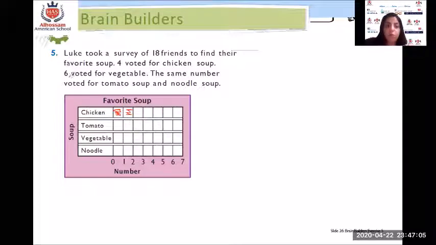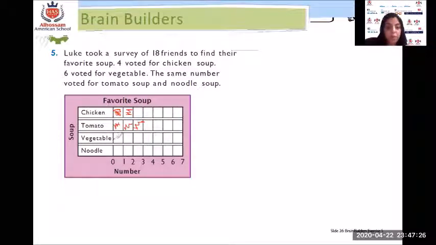And for the 6, instead of coloring 6 like that, I'm gonna color, here is for 2, and here is for 2, 2 and 2, 4. So we're missing 2 more. So like that, 2 and 2 and 2, 6.